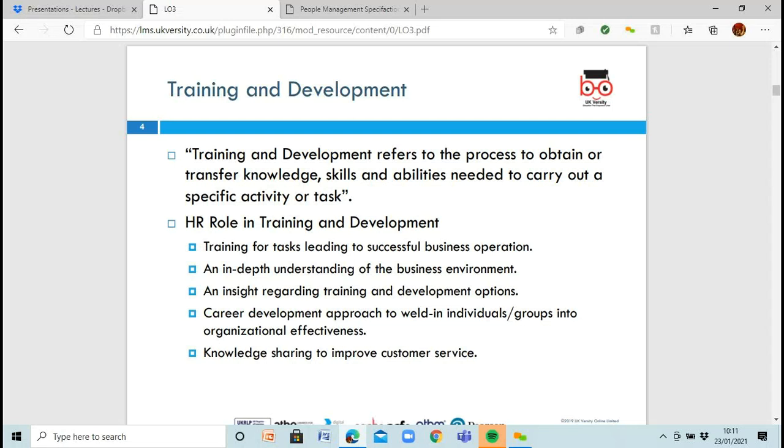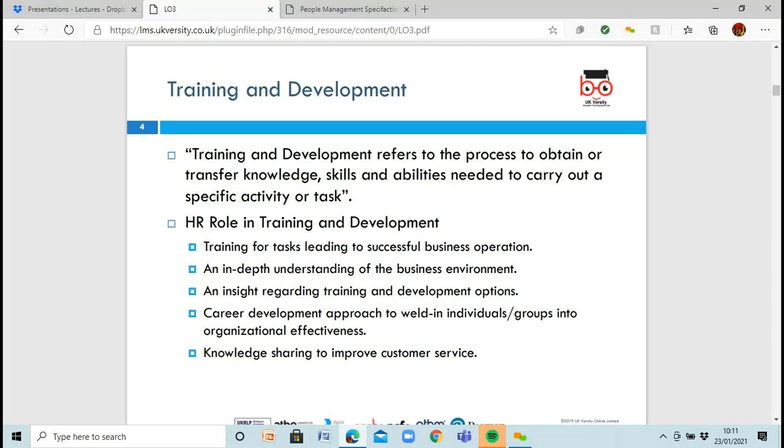Then we've got training and development. So training and development actually refers to a process where you're trying to transfer your skills, your knowledge, or your abilities, the things that you need to carry out towards a specific activity. So the human resources role in training and development are the following points here.